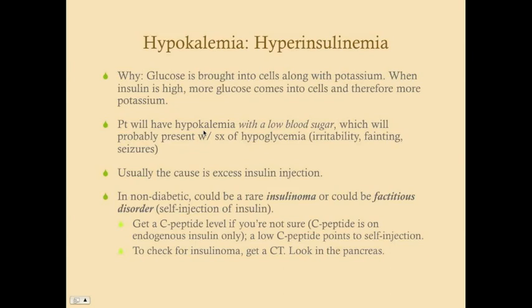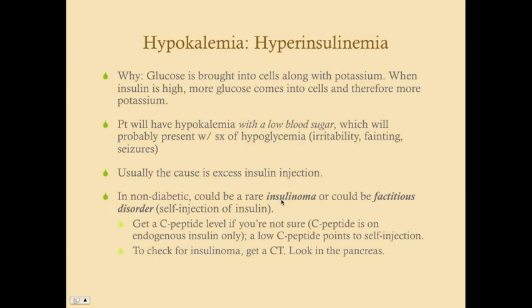Another way that you might see this, let's say that this patient isn't a diabetic. What you might see is what's called an insulinoma, which is an insulin-secreting tumor in the pancreas, or factitious disorder, which is a psychiatric condition in which the patient is actually injecting themselves with insulin.